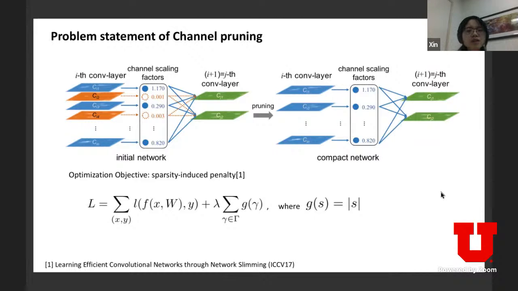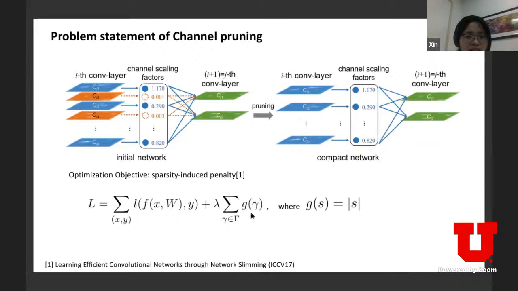For this network, the problem is how to calculate the scaling factor. One way people always do is to learn the scaling factor during training. So there is a new loss, which introduces one penalty for sparsity. Let's denote the scaling factor as gamma.